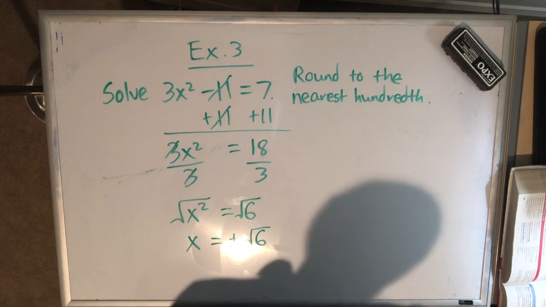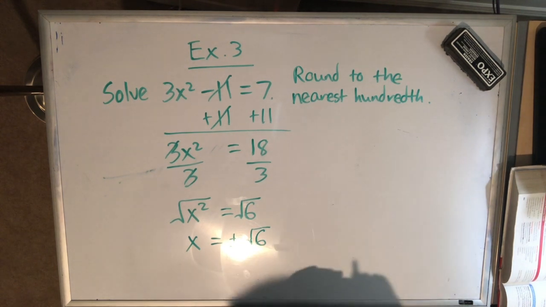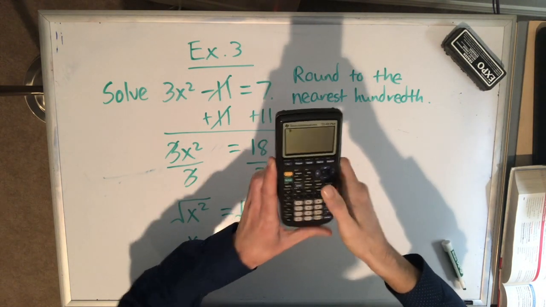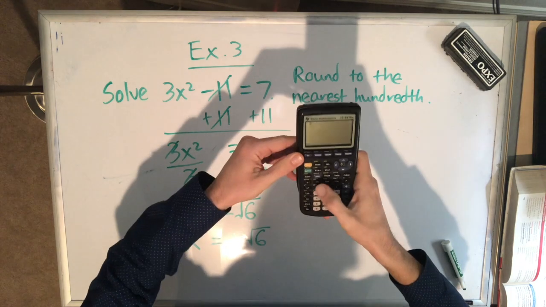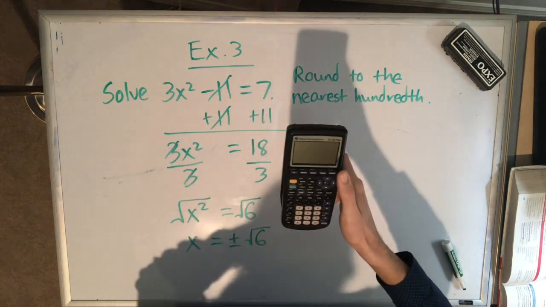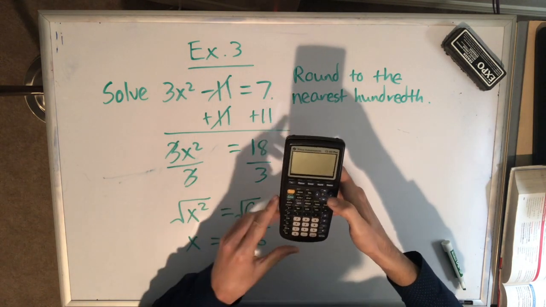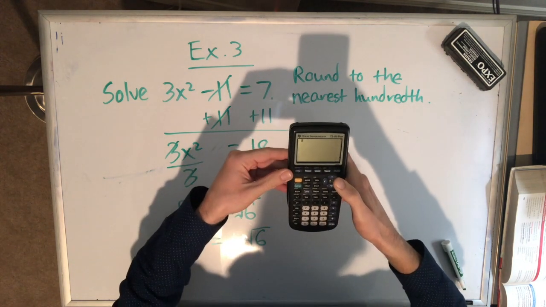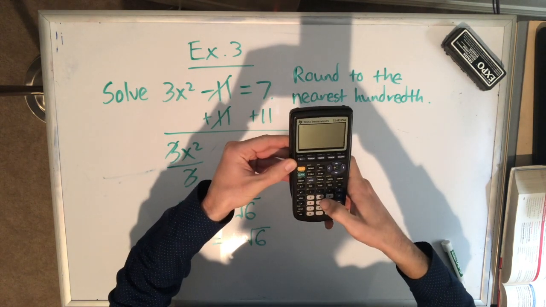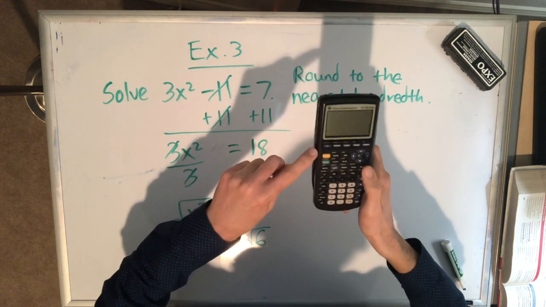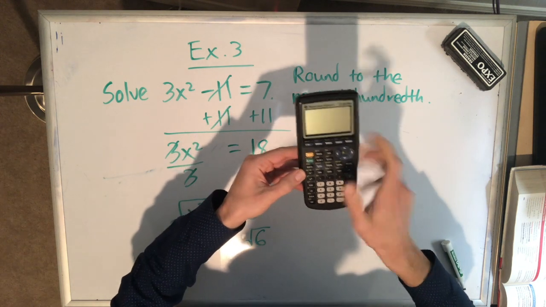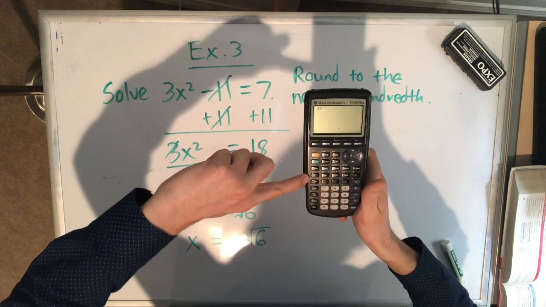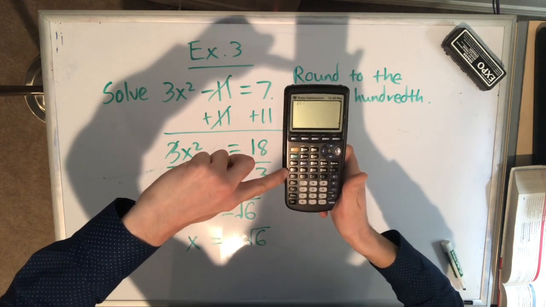Let's use a calculator to find the square root of 6. For this TI-83 that I have, which should be similar to a TI-84, which most of you probably have, use the second button and then hit the x squared button, and that's going to give you the yellow square root sign above the x squared button.